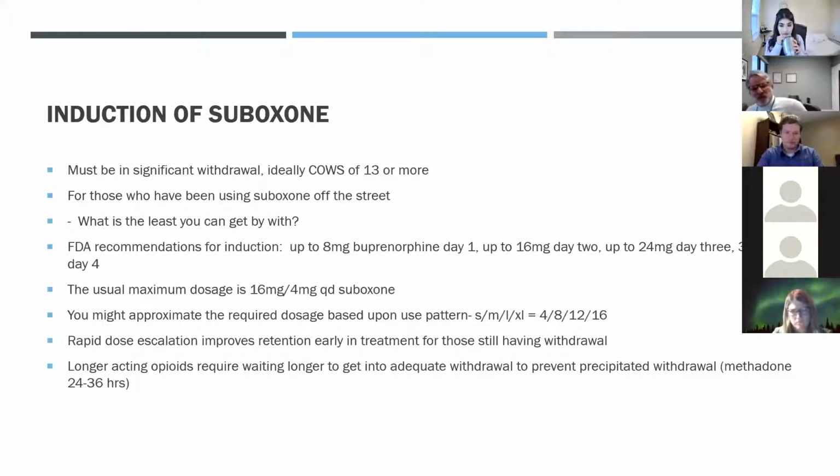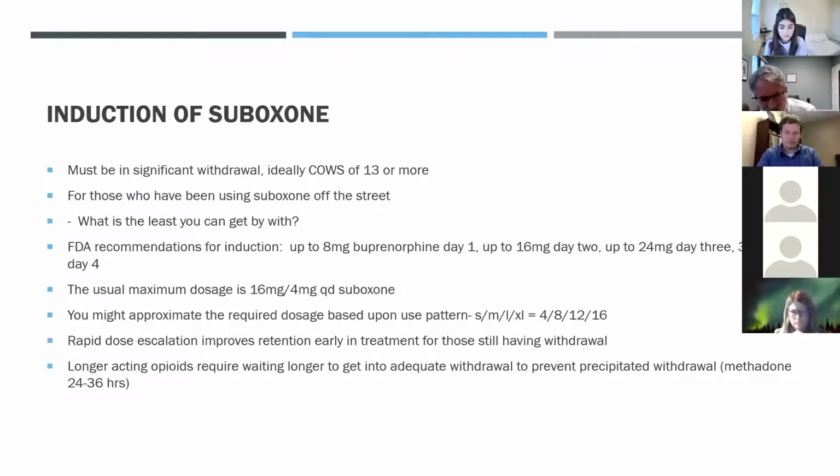With people who use Suboxone off the street, you can ask them, what's the least you can get by with? Where are you comfortable at the lowest dose? That gives you a sense of where to start.